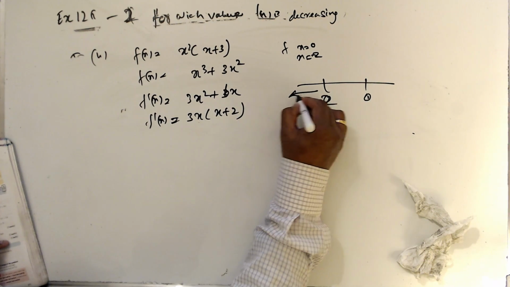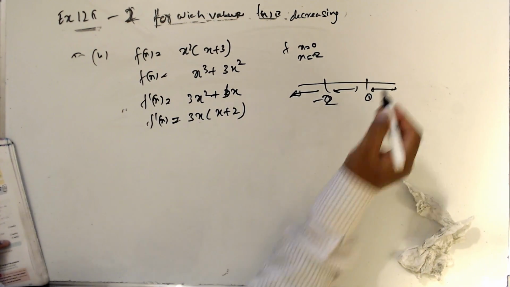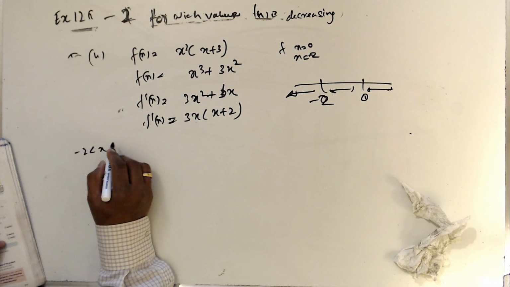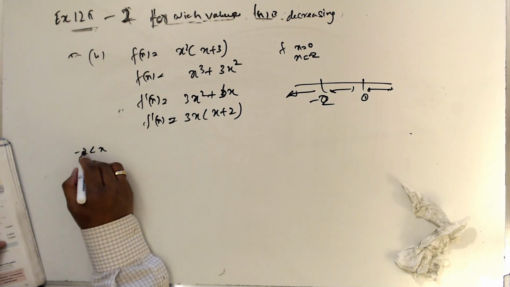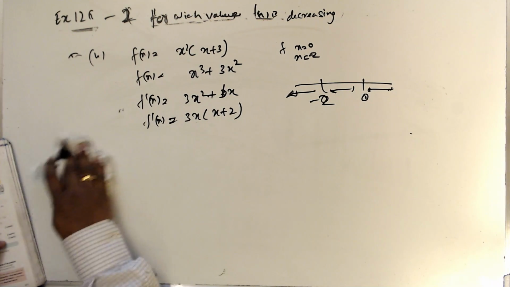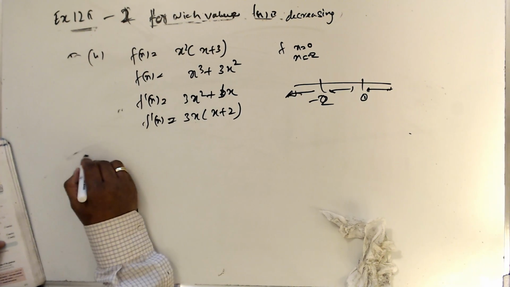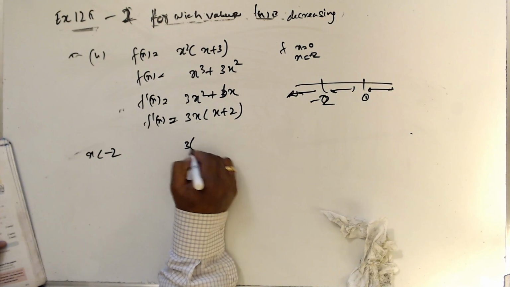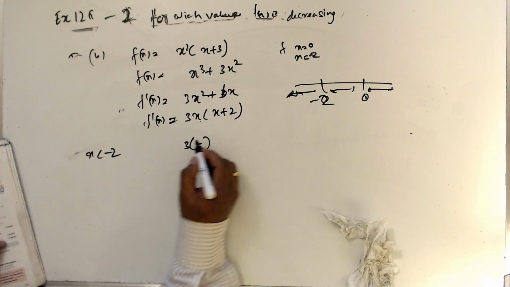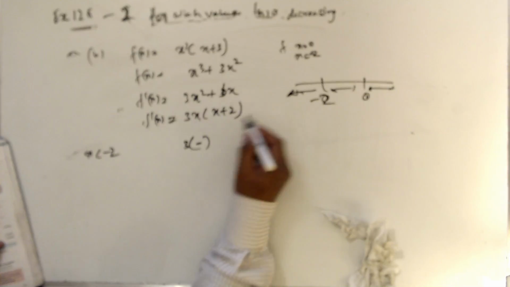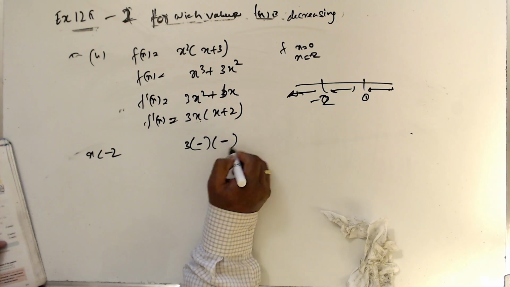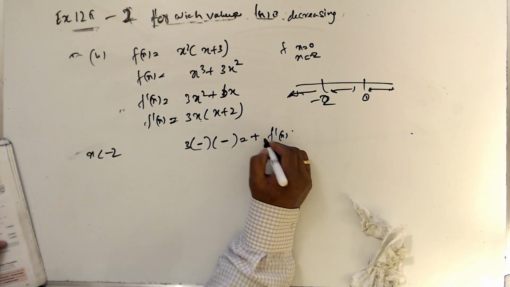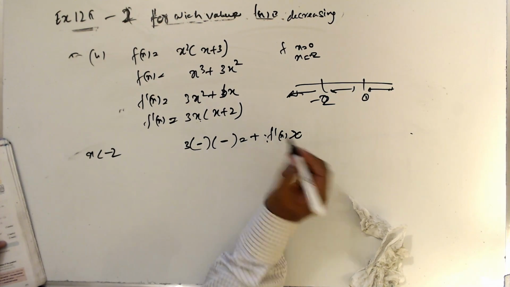There are three intervals we have to consider, right? So first, x less than minus 2. Then this 3 is positive and x becomes negative if you put a minus value here, this also becomes negative, so this is going to be plus. So f dash x is greater than 0.